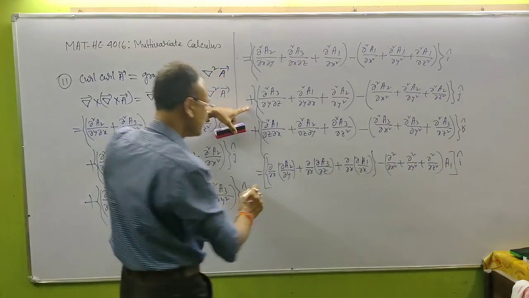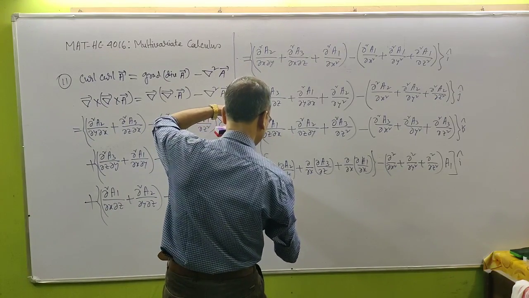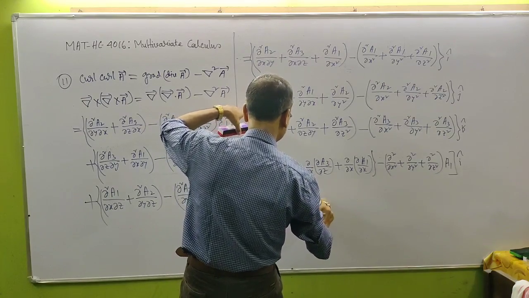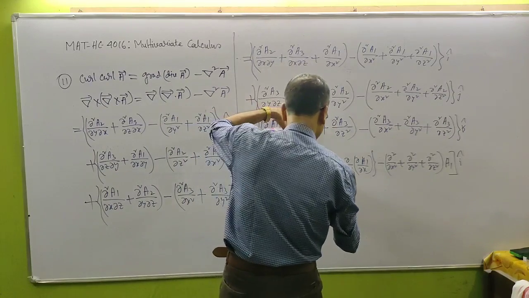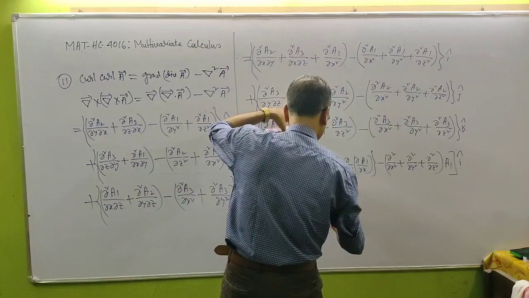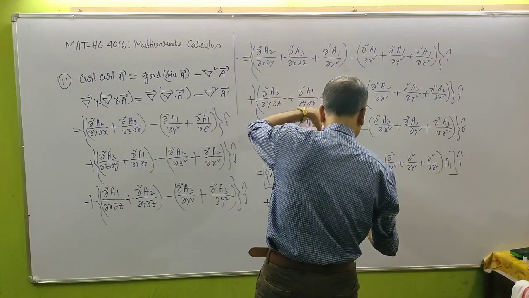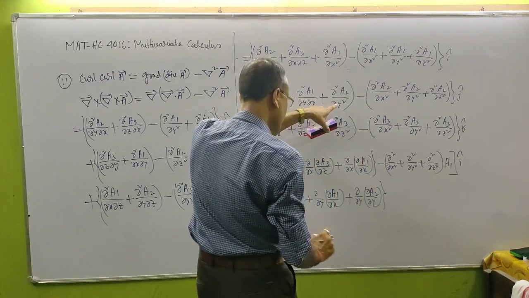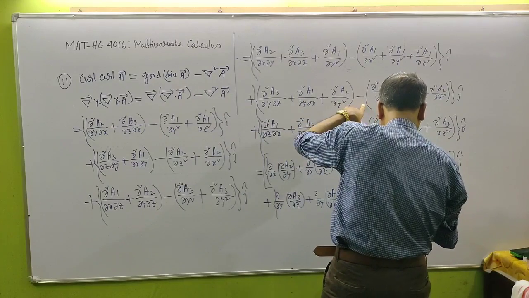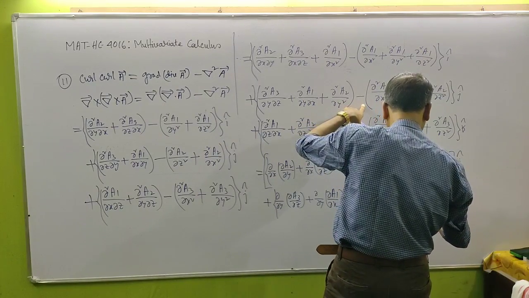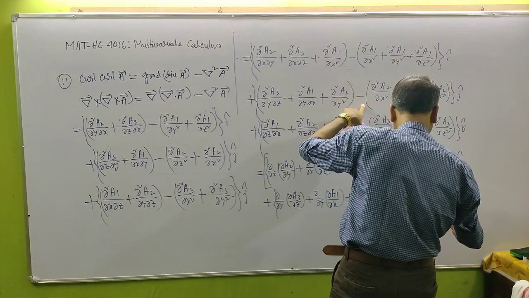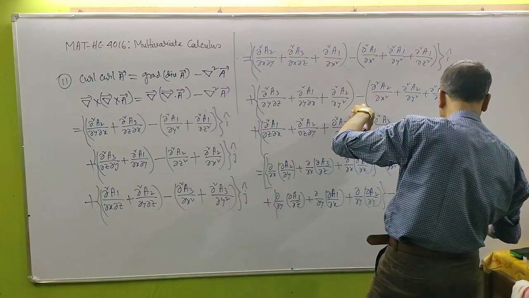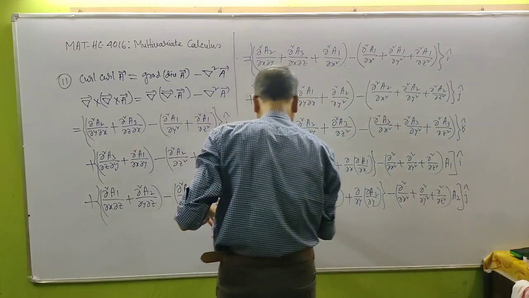This one. For this, plus del by del y of del A3 by del z plus del by del y of this one, del A1 by del x, plus del by del y of del A2 by del y. This has been written minus, you may write del square by del x square plus del square by del y square plus del square by del z square A2, and it will be j cap.